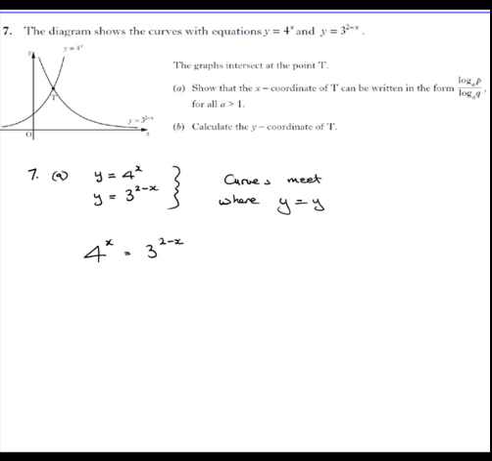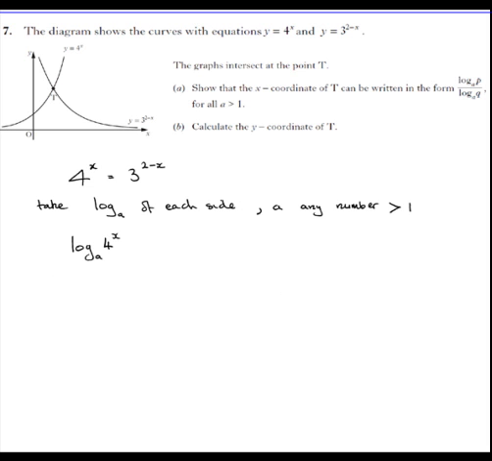If we now take log to the base a of each side of this equation, where a is any number bigger than 1, then log to the base a of 4 to the x is equal to log to the base a of 3 to the 2 minus x.